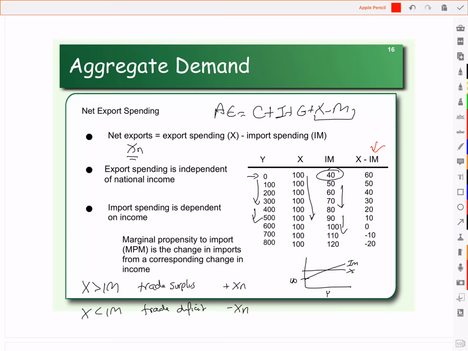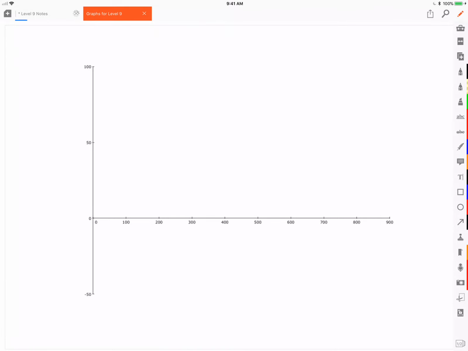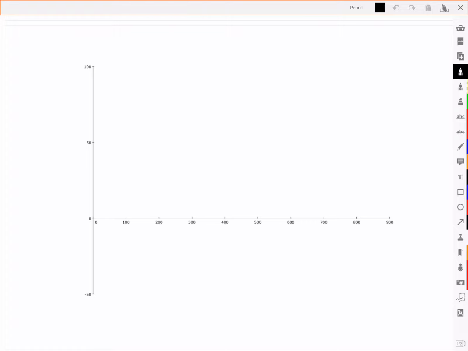We can graph our net exports. So let's go and create a graph here. And so let's look at when our income, so this is national income here, Y. When national income is 0, our net exports are 60.